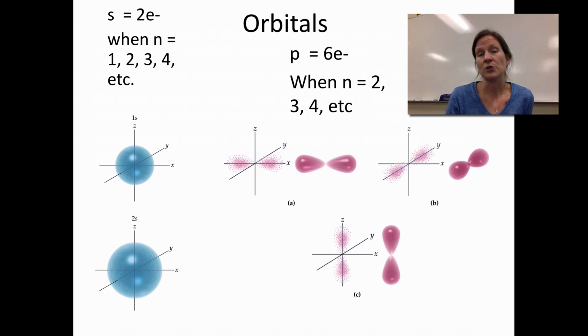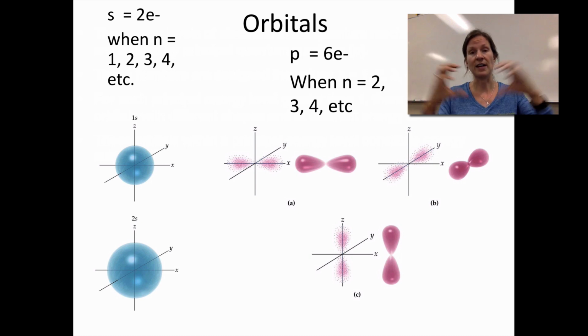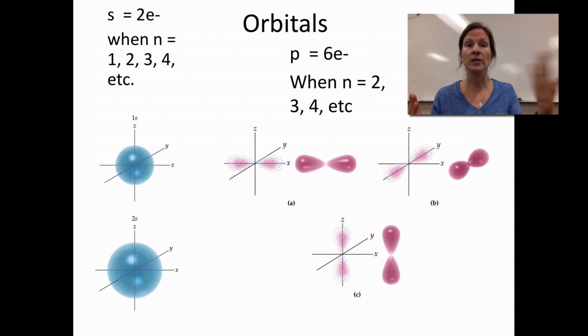The p sublevel shows up as of the second ring, as of energy level 2. So on 1, you only have s, 1s, but as of 2, you have 2s as well as 2p. So 2 electrons in s, 6 electrons in p, giving you 8, which is where 8 came from in the first place for the Bohr model. So there's lots of similarities here.